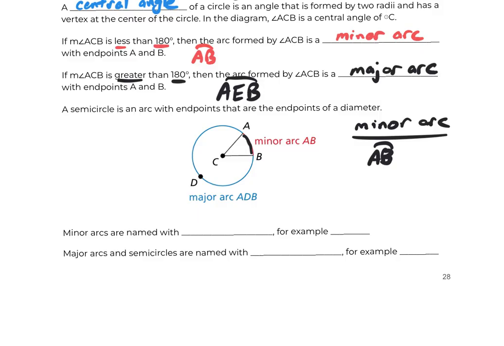Okay, one of the things that I'm going to show you here, if I tell you that this angle on the inside at the center is 50 degrees, then the arc outside of that is also 50 degrees. The central angle and the arc that's making the same path will both be 50 degrees.